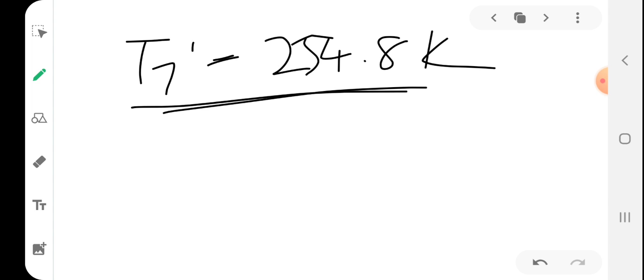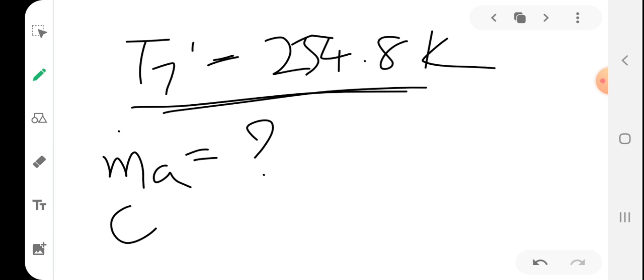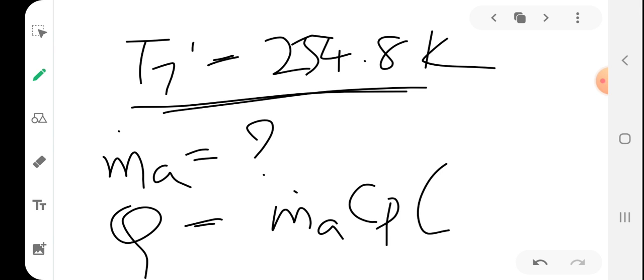Now we have to find the power required to operate the system. Before that, to find power we require m dot a, the mass of air. Mass of air can be found how? Q, the total tonnage of refrigeration, will be equal to m dot a into Cp into (T8 minus T7 dash).